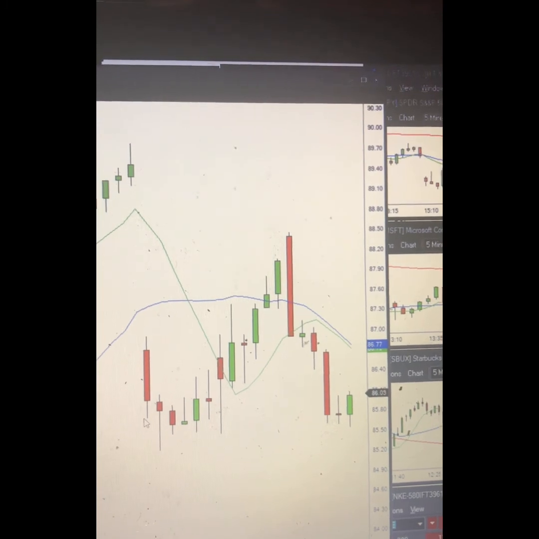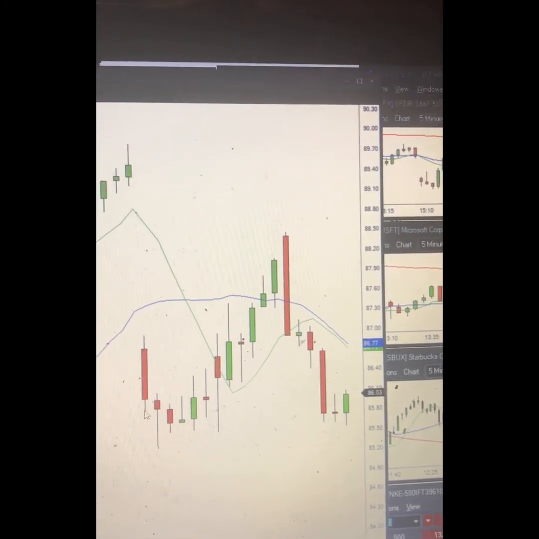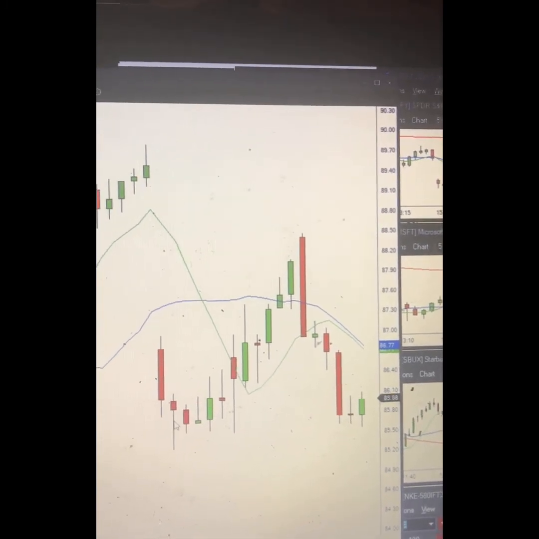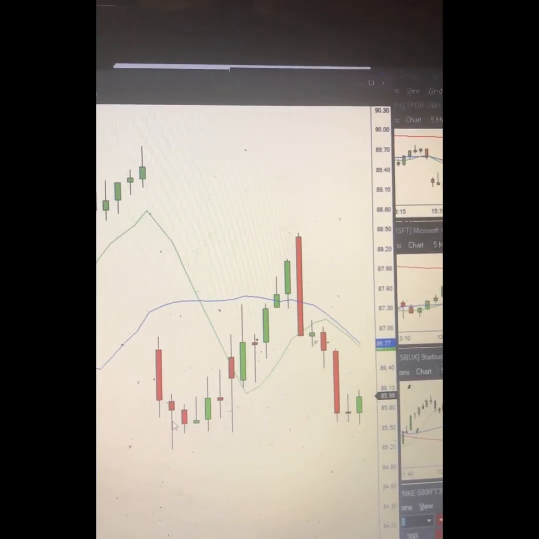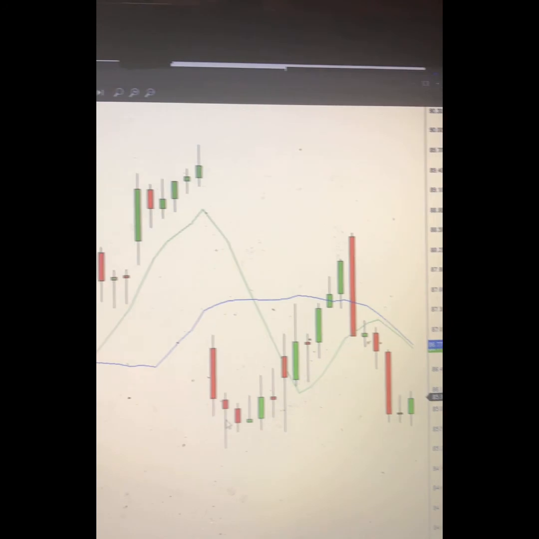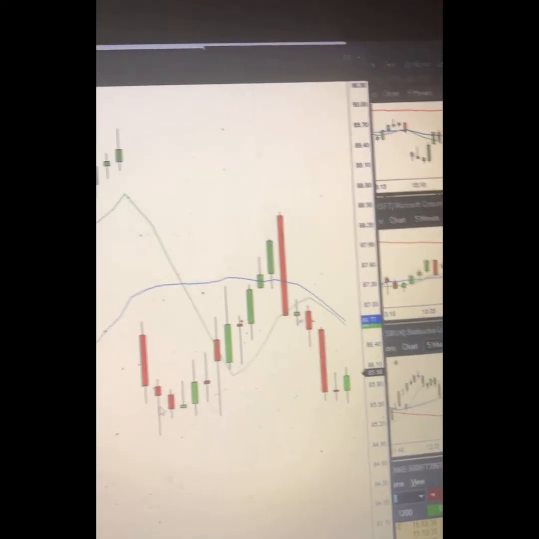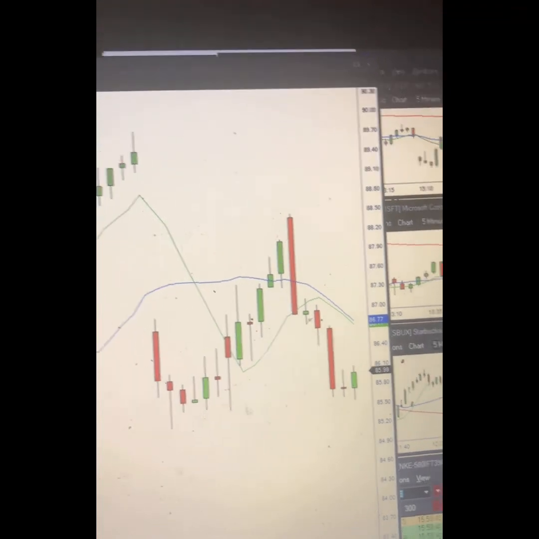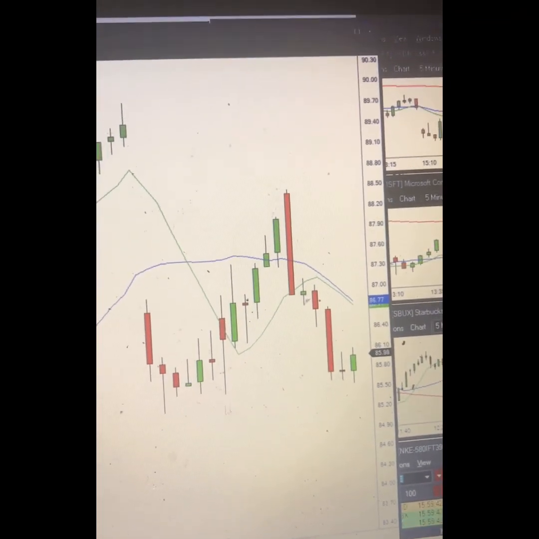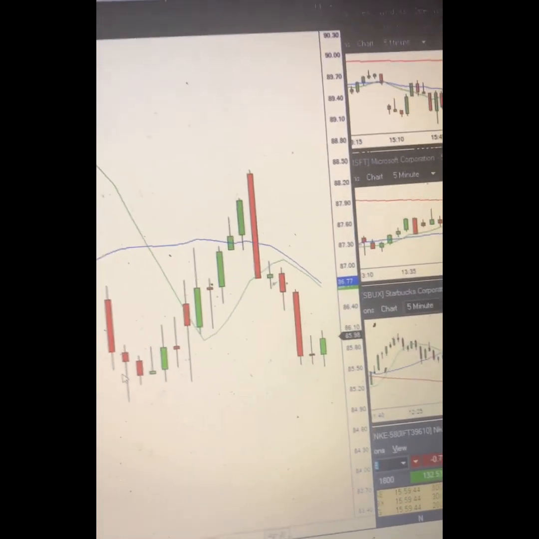These are called pivots. This is known as an area of support. Why? Because chances are, without me even looking, I'm quite sure if I was to go back in time, this is the only area. I want you to understand something on this one.